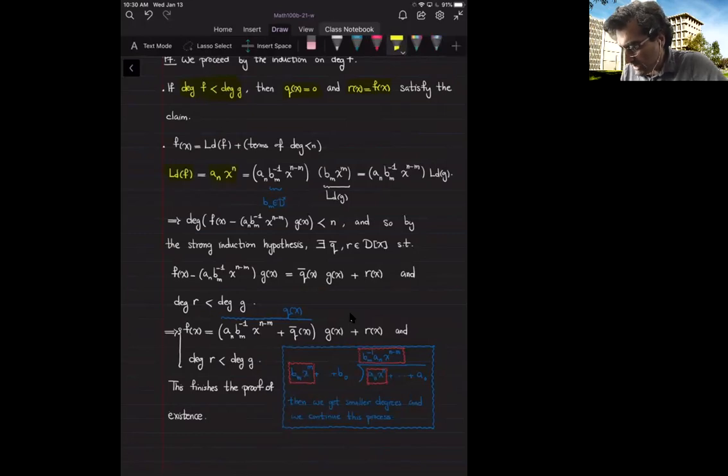We are going to write it as leading term of G times something. And we can find such a thing, because first of all, we assumed n is at least m, otherwise we were done by case 1. And more importantly, b sub m, the leading coefficient of G, is a unit.